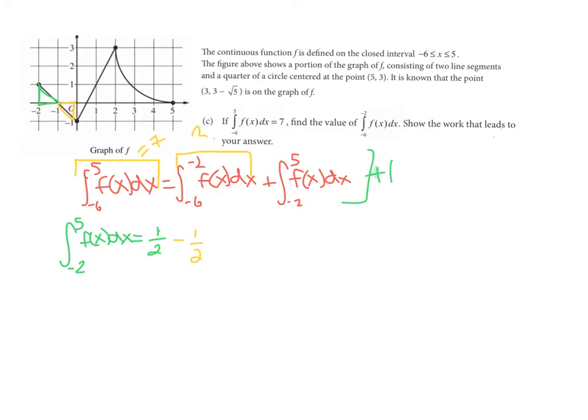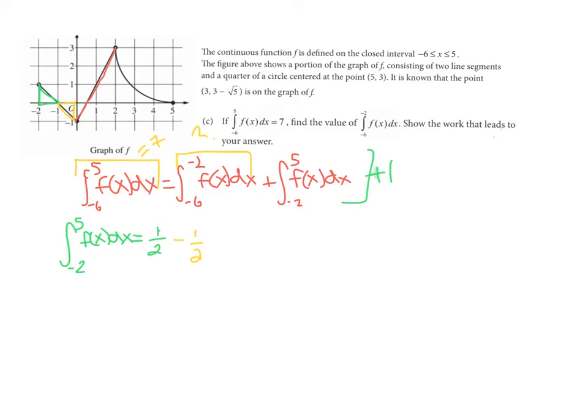The next thing that I have is this line right here. There are two ways that you can do that next part. You can write it as a sum of two triangles, or you can actually write it as an integral and take the antiderivative. So I think both methods are about the same amount of work.